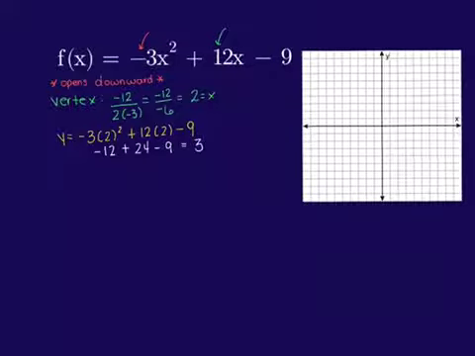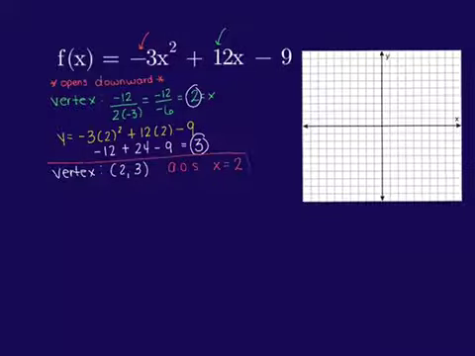So this is the y-coordinate. So our vertex is at 2, 3. And again, that tells us that our axis of symmetry is at x is equal to 2. So those are the first 2 pieces of information.